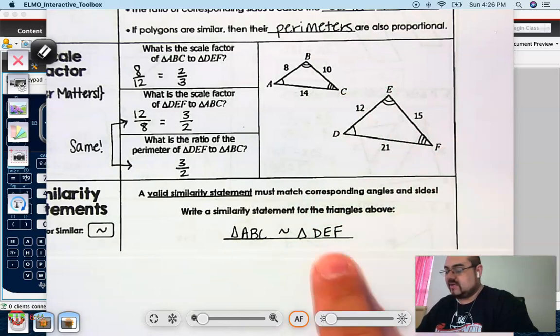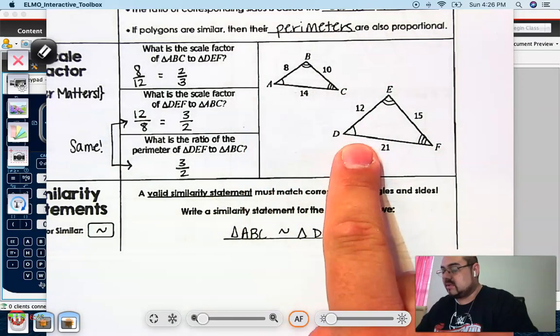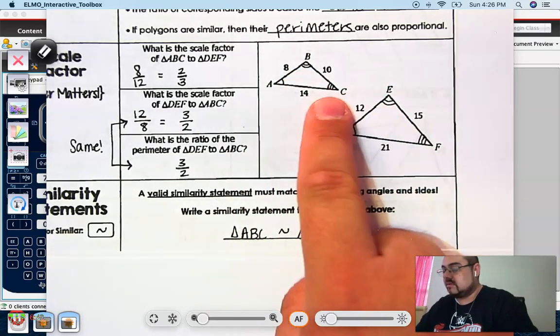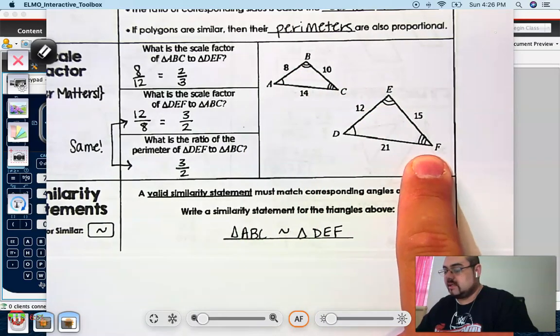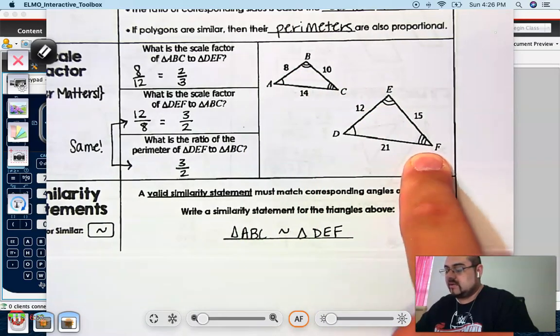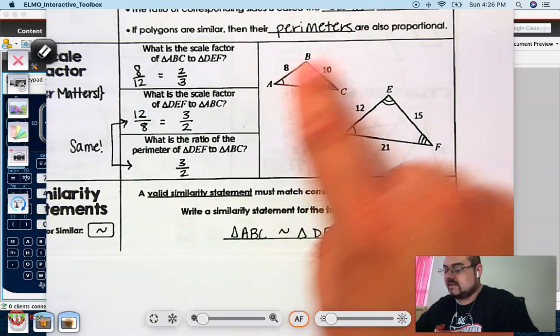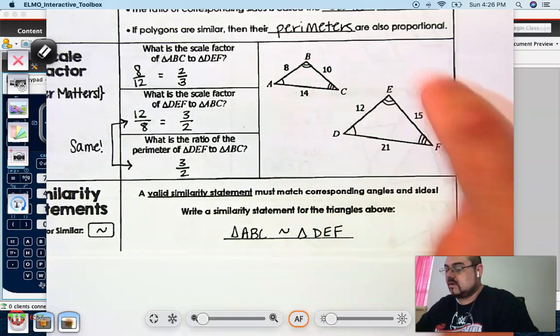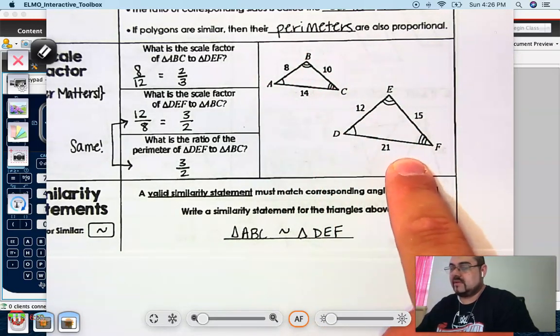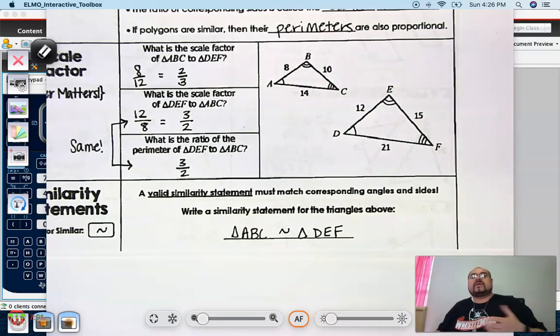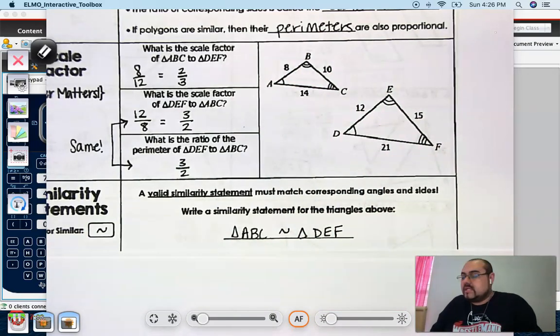Okay, by that definition, that means that all the corresponding angles are congruent, right? They're equal to each other. And the corresponding sides are proportional. And basically that just means that you can set those up into proportions, take the cross product, and they should be equal to each other. And we're going to see some examples of that here in just a bit.